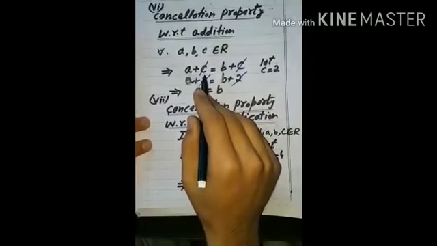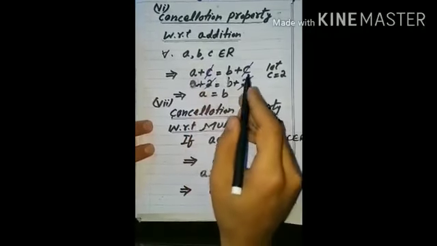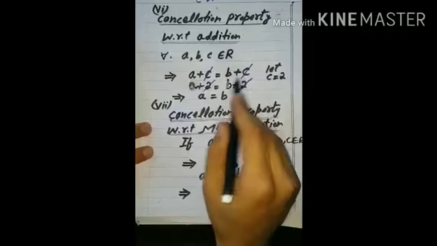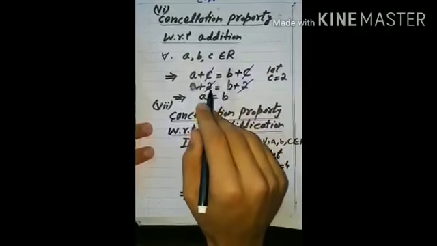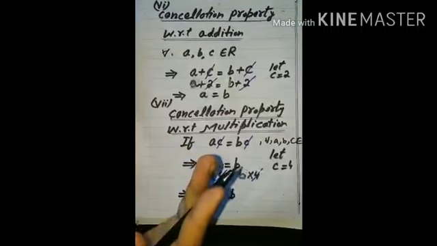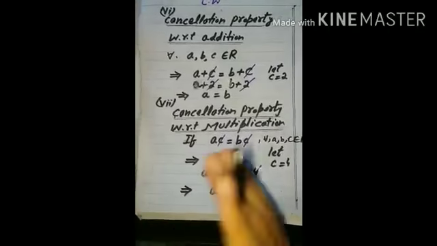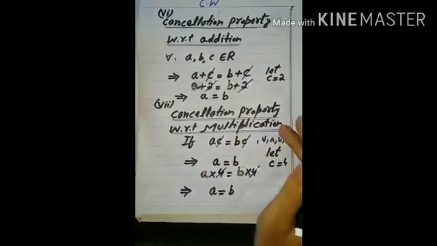Now if I want to cancel c from the left hand side, I have to cancel this c from the right hand side as well, because we are dealing with an equation. I have told you that if we want to do some operation on one side of the equation, we have to do the same operation on the other side of the equation as well.